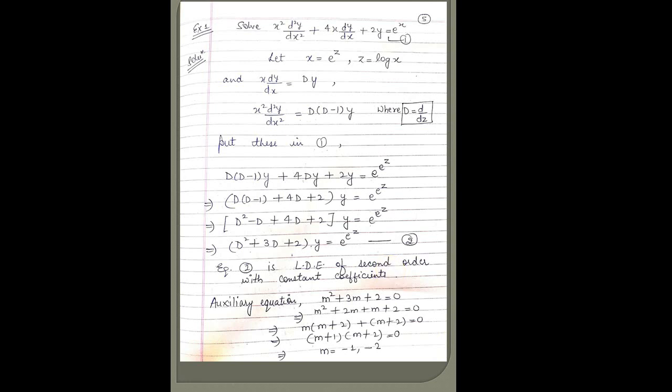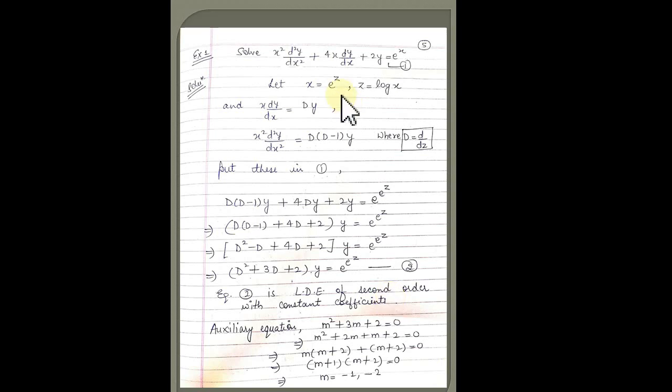Now to understand the method, we take one example. This is equation number 1: x square d2y upon dx square plus 4x dy upon dx plus 2y equal to e raised to the power x. This is the homogeneous equation, as the coefficient of the double derivative is x square and the coefficient of dy upon dx is x. For solving this, as we have already discussed, we have to take the substitution x equal to e raised to the power z.